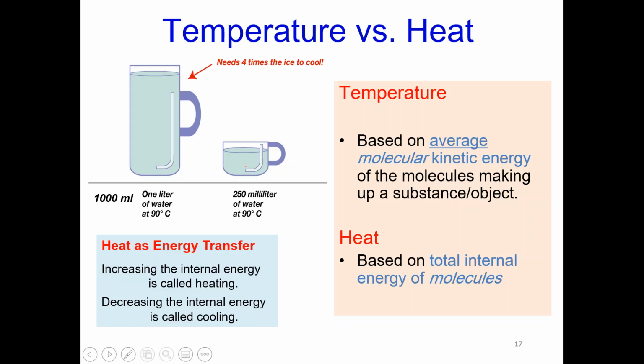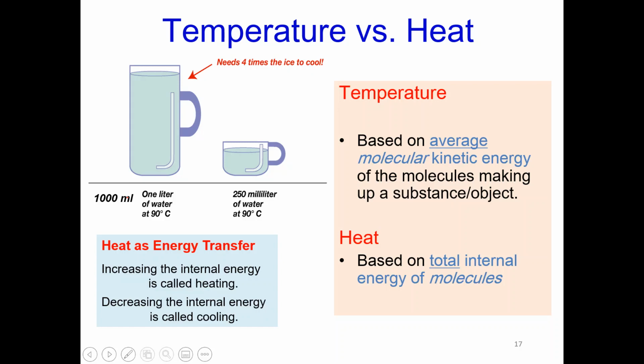And here we had 2 cups with water at the same temperature, 90 degrees Celsius, but with different amounts of water. Here we had 250 milliliters, and here we had 1,000 milliliters, which is 1 liter.